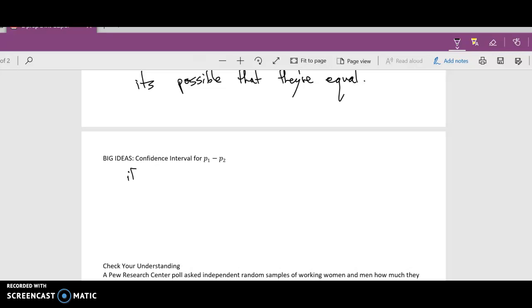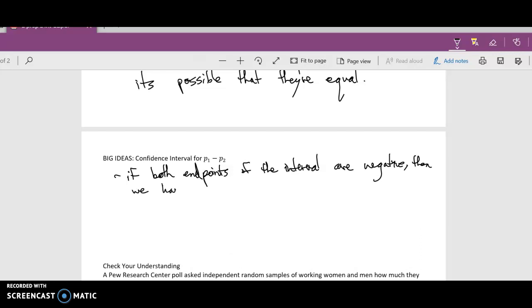We will say if both endpoints of the interval are negative, then we have evidence that P2 is greater than P1.